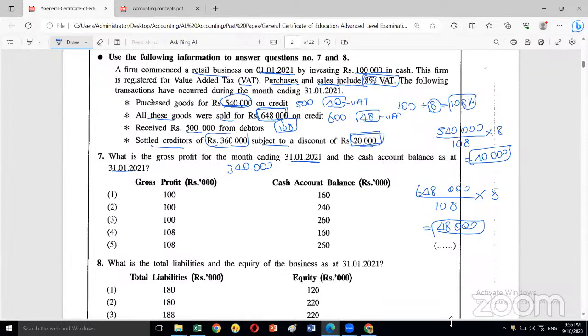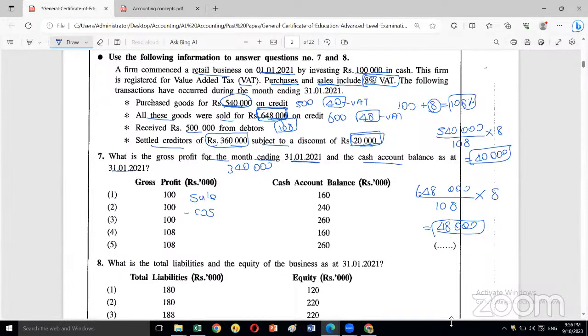Now we'll come to the question. What is the gross profit for the month ending and the cash balance? First of all, we'll calculate the gross profit. You know very well how to calculate the gross profit: sales minus cost of sales. How much is the sales? Is that 648?